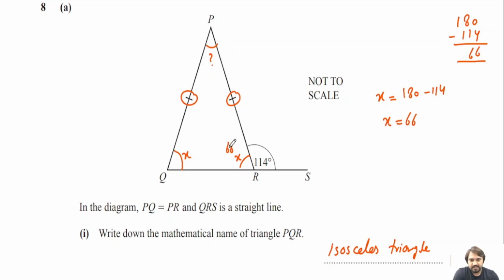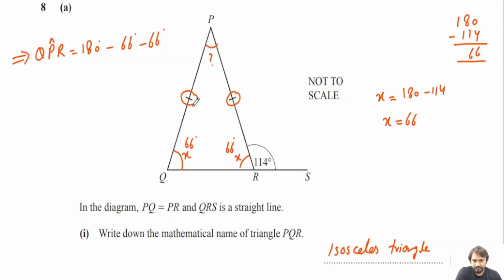It means this angle is 66 degrees and it's also 66 degrees. Now we can calculate the angle QPR. So angle QPR is equal to 180 degrees minus 66 degrees minus 66 degrees.